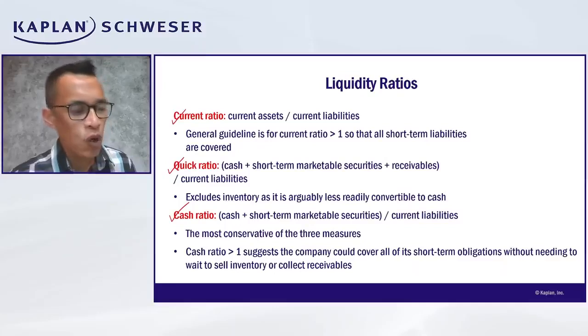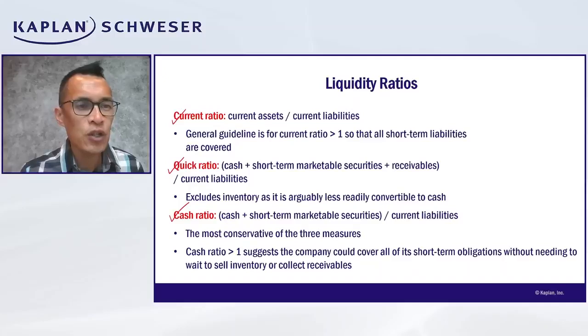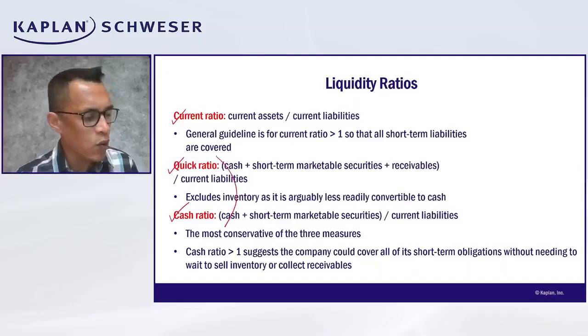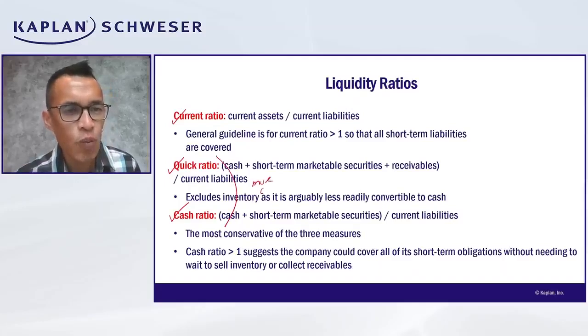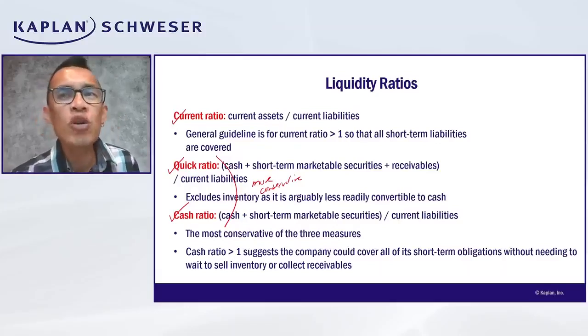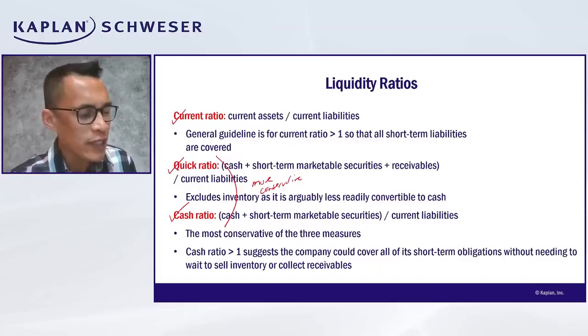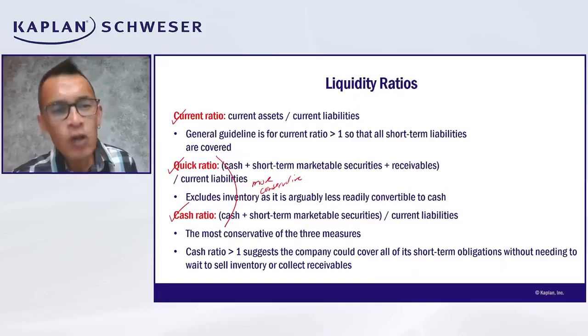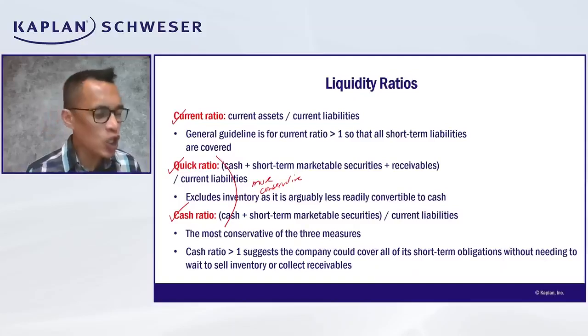So in short, just remember that these two equations, measures of liquidity, are more conservative. They're stricter measures of liquidity and attempt to remove some of the arguably less liquid current assets, such as inventory. Now, in all cases here, current liabilities are unchanged.